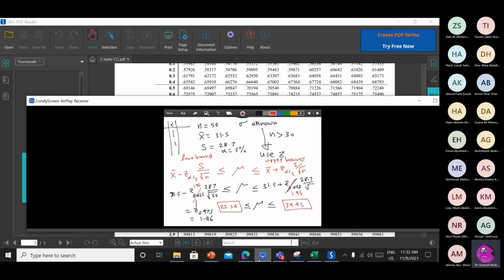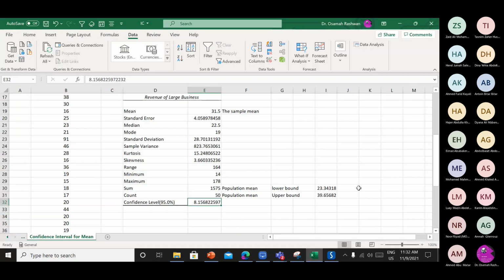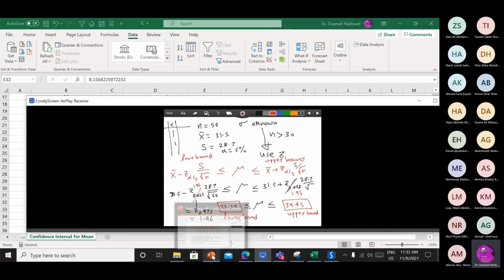Thank you very much. So this is the lower bound, and this is the upper bound. Okay. So please, I will have this one. What is the question?